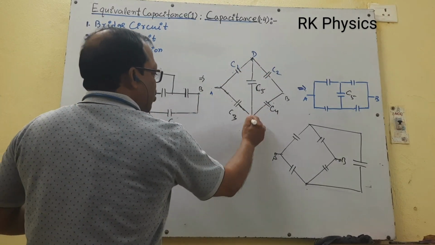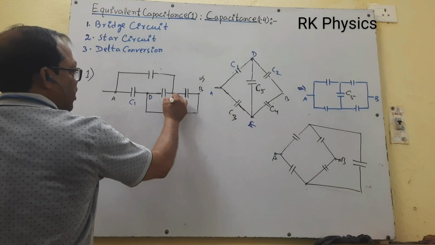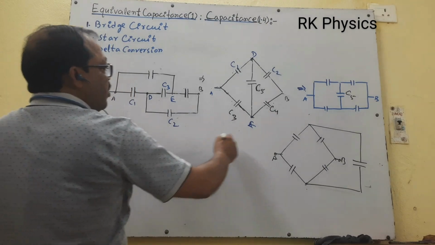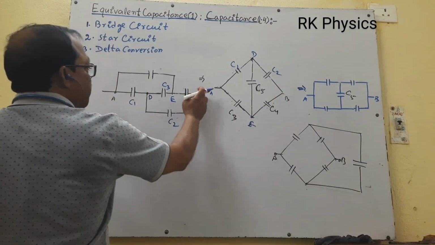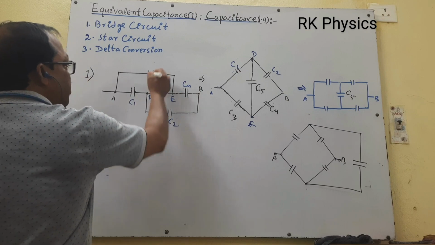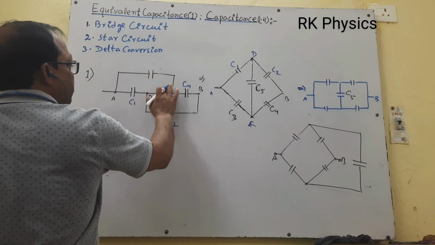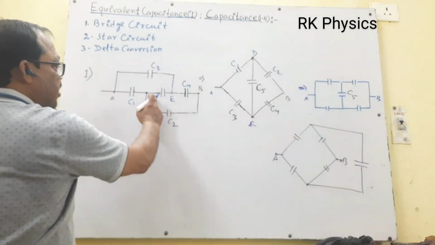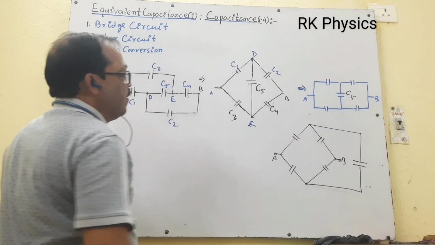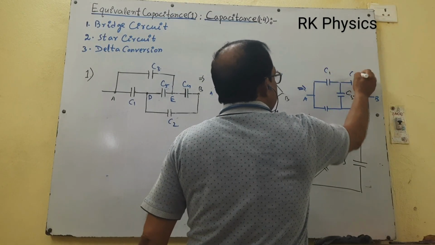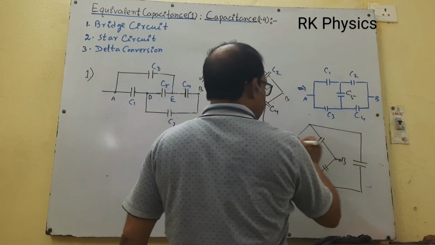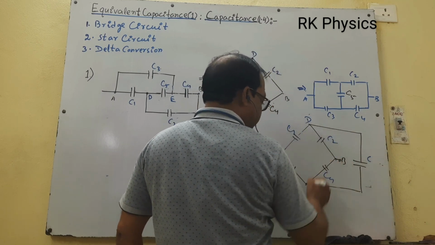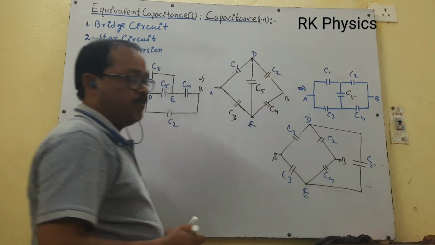Similarly, from A to E there is a capacitor C3, and from B to E there is a capacitor C4. So between D and E this is C5.